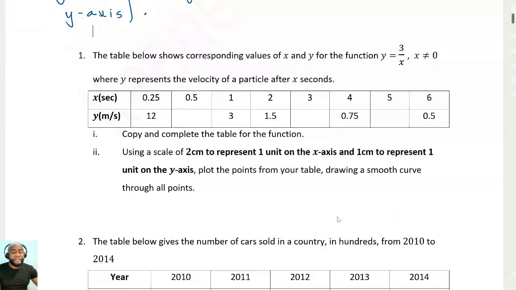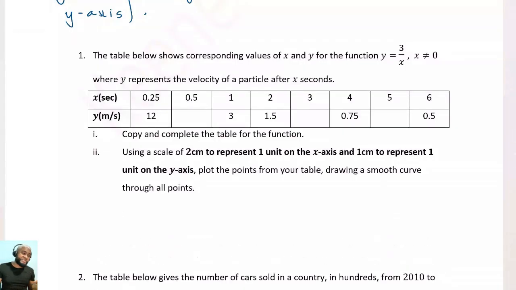We are jumping straight into CXC type questions where I give you a function. You have to establish the table, figure out how to label your axes, and draw these curves and straight lines, right? So the table below shows corresponding values of x and y. I just spoke about the x-axis and the y-axis. For the function, y is equal to 3 over x. Now, what I said here is x is not equal to 0, right?